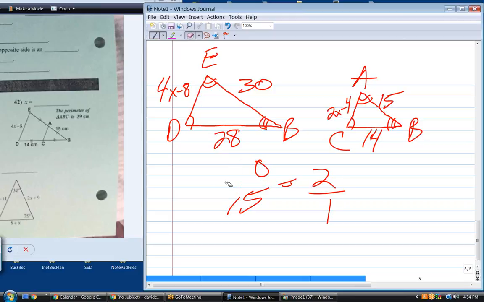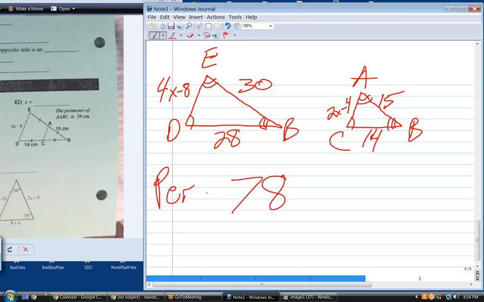Now, it tells us that the perimeter of the little one is 39. What's that make the perimeter of the big one? 78. Correct. Okay, so I know its perimeter is 78. How can I solve for x?